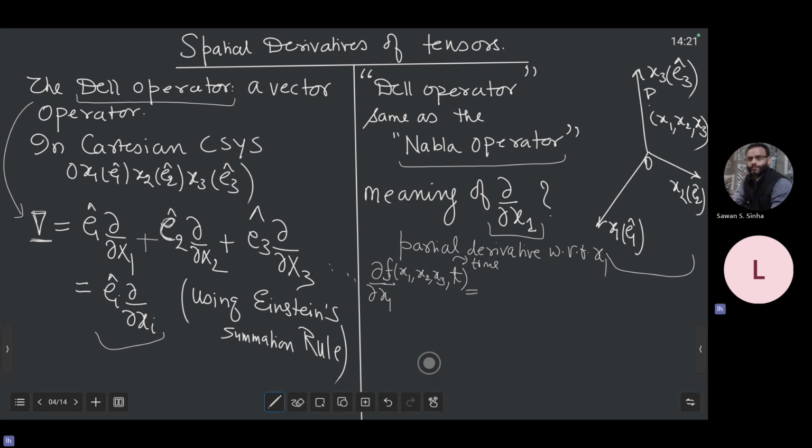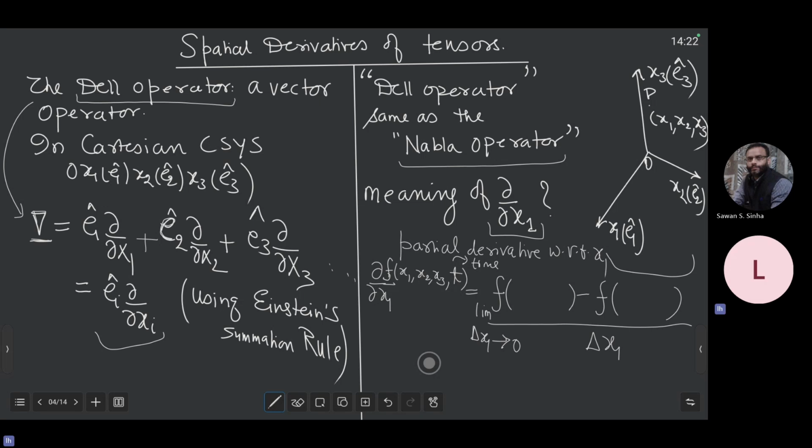And what does the symbol mean actually? It means rate of change of f, right? If I have to find f somewhere minus f somewhere divided by delta x1, limiting value delta x1 going to 0. It means something like this. That's the rate of change, right?